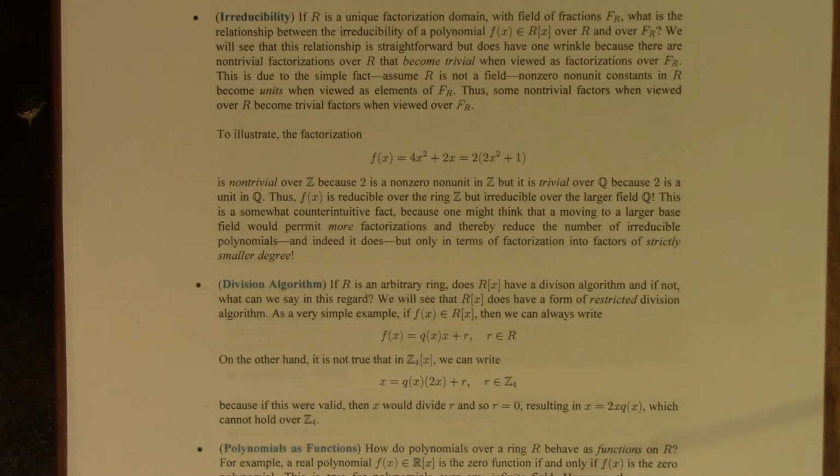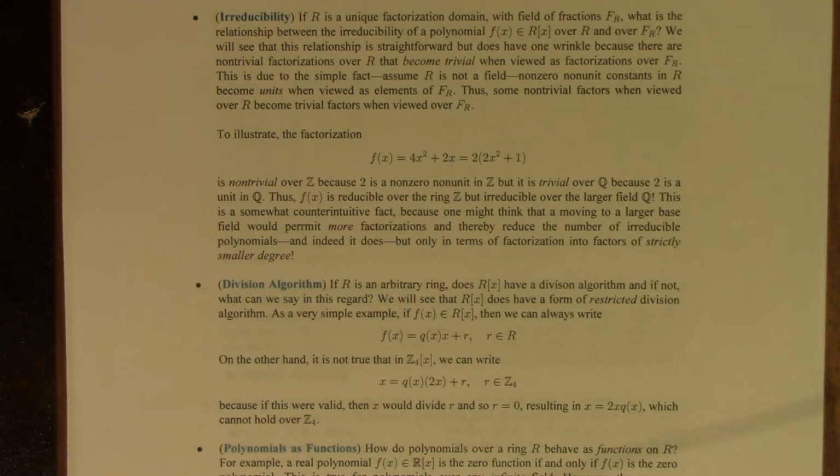You might think that moving to a larger base, in this case a field, would permit more factorizations and thereby reduce the number of irreducible polynomials, more likely to be factorable over the bigger base field. That's actually true, except it's only true in terms of factorization into factors of strictly smaller degree.